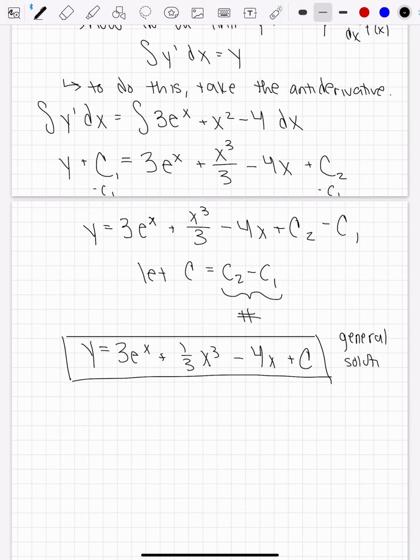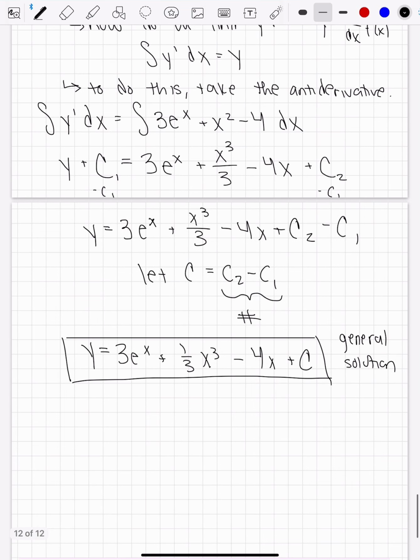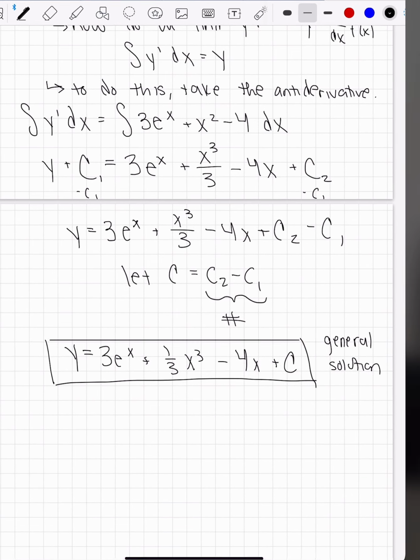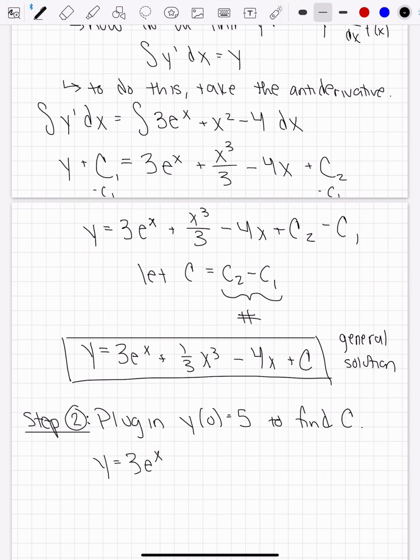And now we need to find c so that it satisfies the initial value problem. So step 2 will be to plug in y of 0 is 5 to find c. Our formula is y equals 3e^x plus 1/3 x cubed minus 4x plus c.